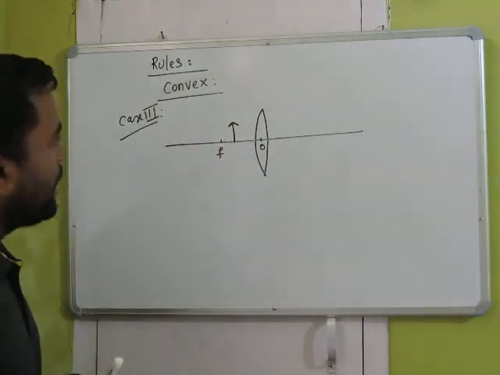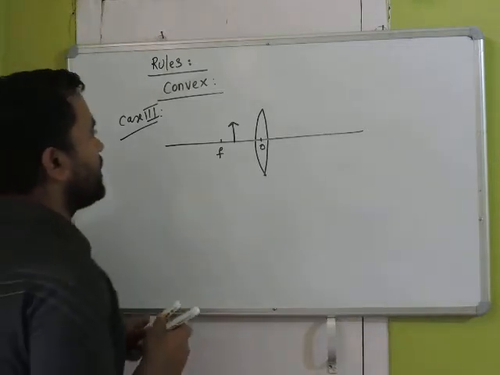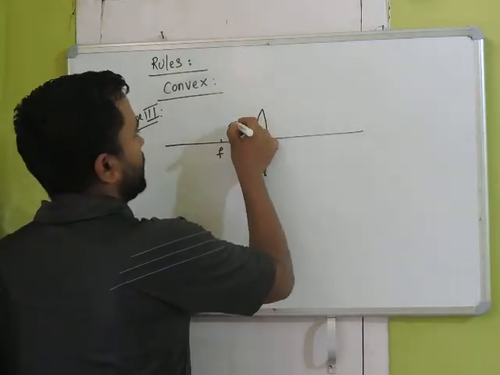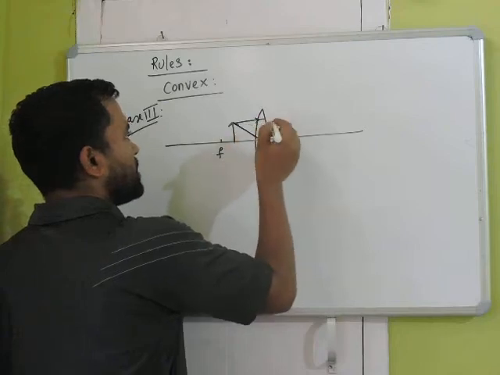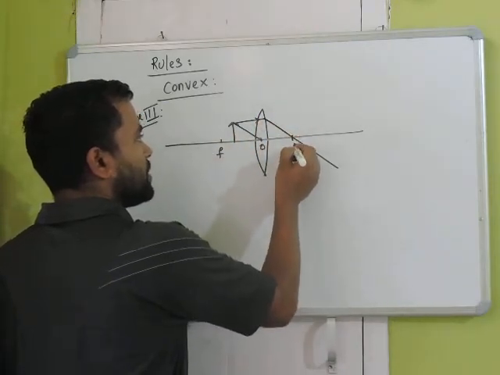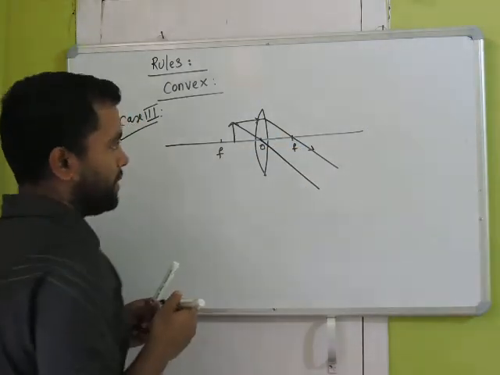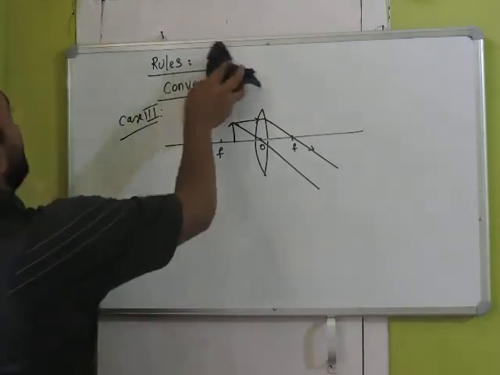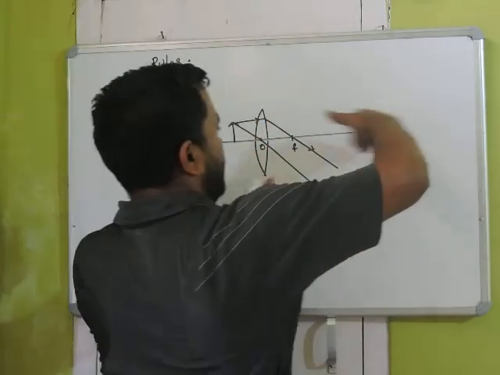Fine. Now in this case again we'll take two rays, one is parallel and one is, let us say, going like this. So we know that it will pass through the focus. So this is F and this will go straight. Fine. Now if you can see that these two rays are diverging out.